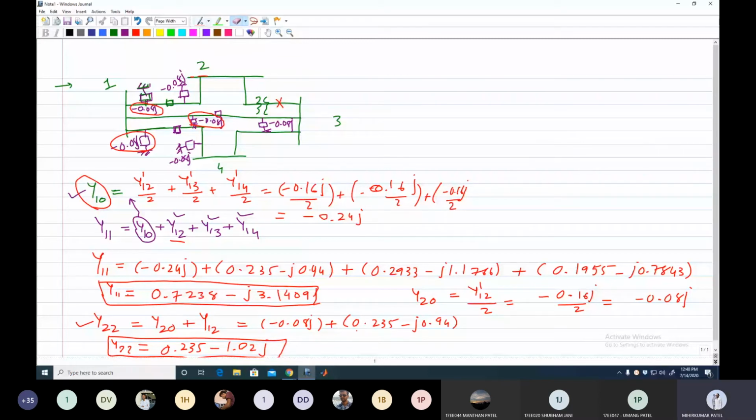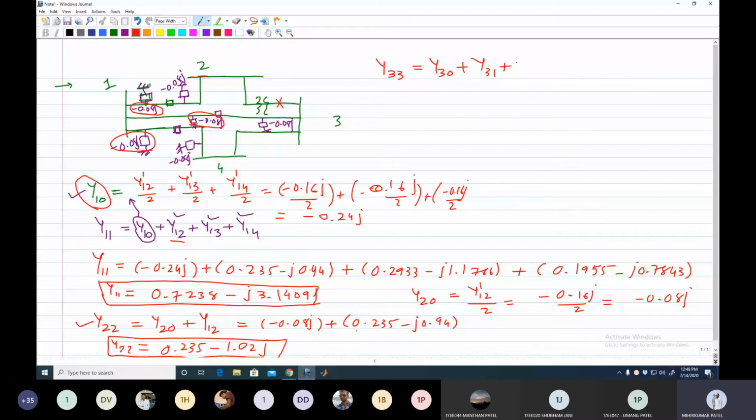So who will help me write down the equation for Y33 from the diagram? Y33 is equal to Y30 plus Y31 plus Y34. Here again we will not consider this transmission line, as we initially considered it disconnected from this network.